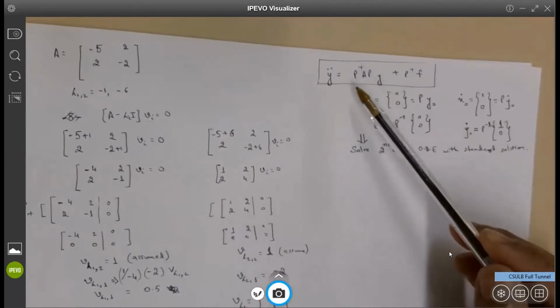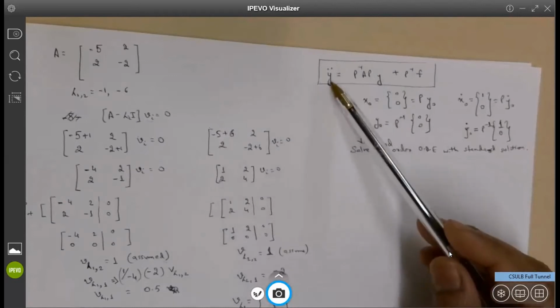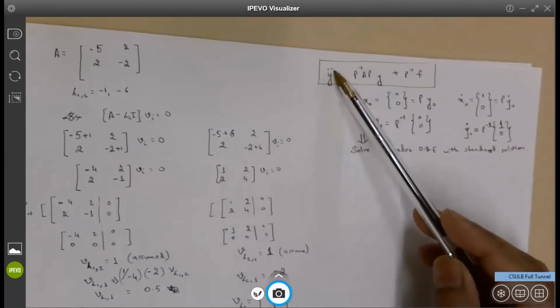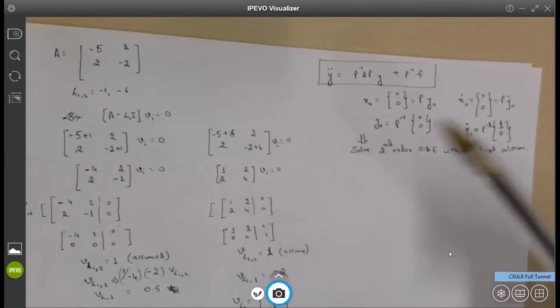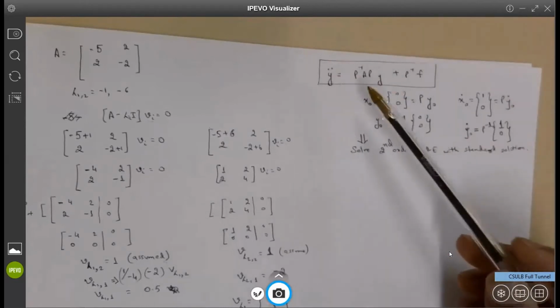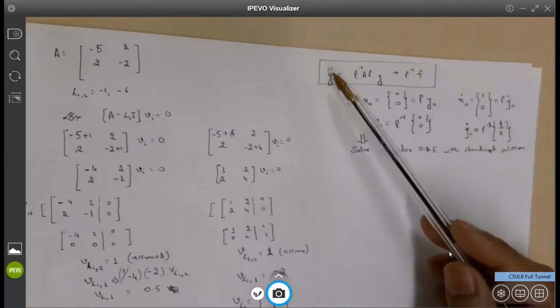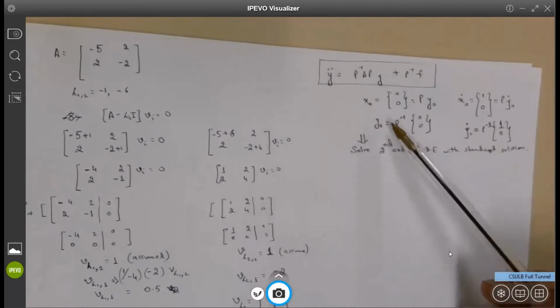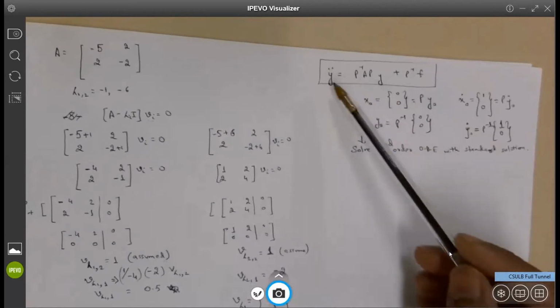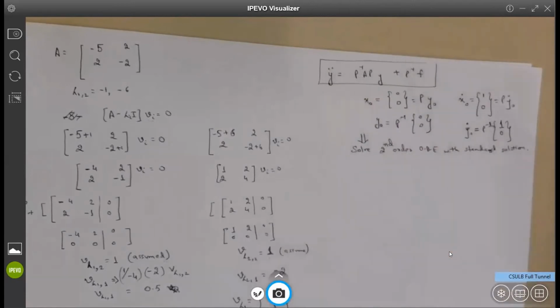What if the physical system does not lead you to a second order ordinary differential equation, but to a third, fourth, or maybe fifth order? What do we do in that case? Because if we have a higher order differential equation, we do not have a standard solution like we can use for second order ODE. Let me go back to the lecture notes to show what we discussed in the last lecture.